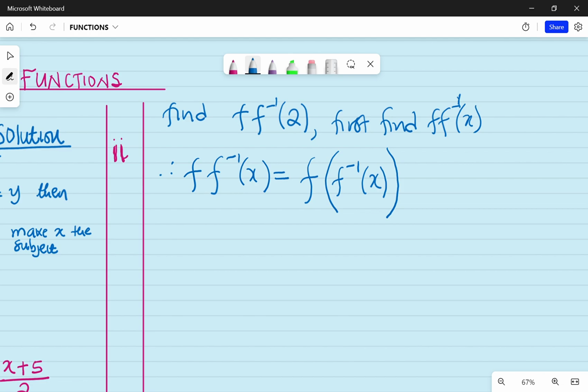Where we are seeing x in here, we're going to substitute everything with f inverse of x there. That's the meaning.